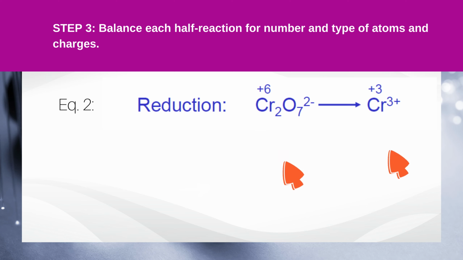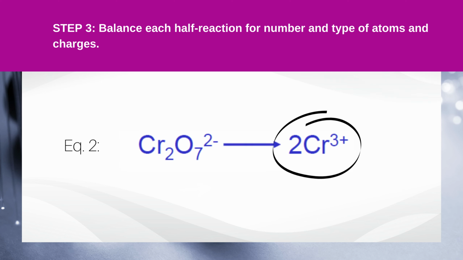Focus only on Cr. At the left side we have 2 Cr, but at the right side we have 1 Cr. So we need to balance the Cr first. So we put 2 as coefficient for Cr at the right side. Okay, now Cr is balanced.